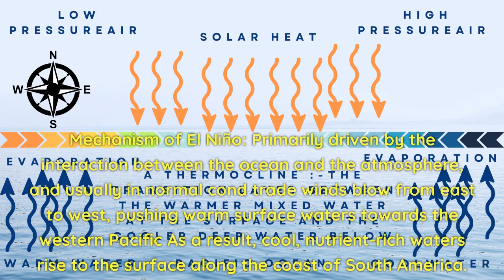Mechanism of El Niño: it is primarily driven by the interaction between the ocean and the atmosphere. Usually, in normal conditions, trade winds blow from east to west, pushing warm surface waters towards the western Pacific. As a result, cool, nutrient-rich waters rise to the surface along the coast of South America.